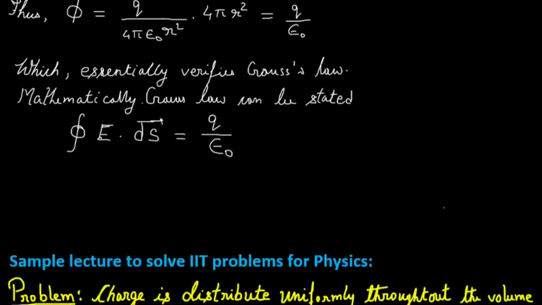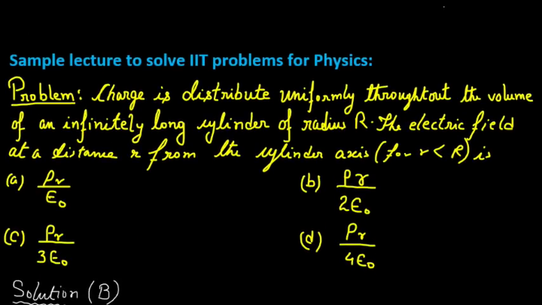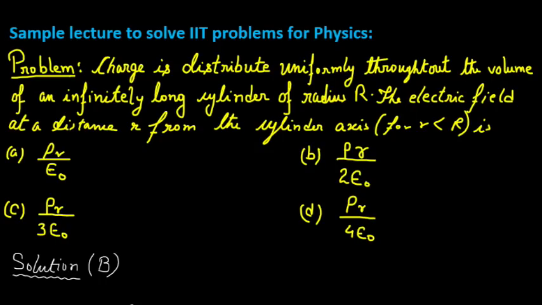Now let us see a problem based on Gauss law, how competitive exams ask the problem. This is just a sample problem, a sample lecture to solve IIT problems, NEET problems, etc. This is not the subjective IIT problem, this is the objective one, the first paper.